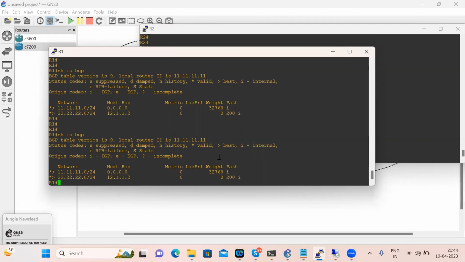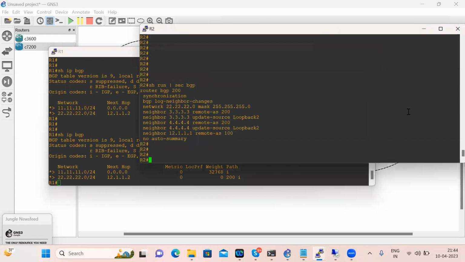The learned networks of your eBGP neighbor are 33 and 44. So on router 1, you are only getting 11.0 and 22.0 network information.